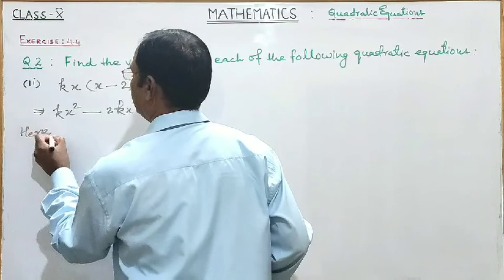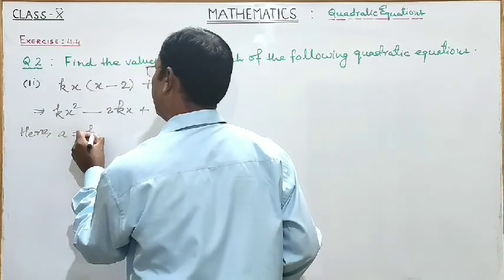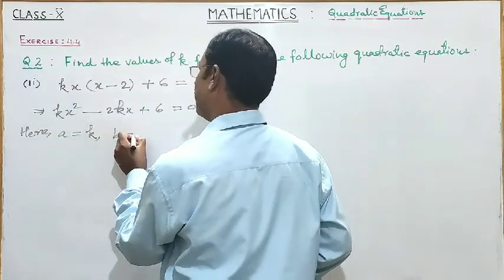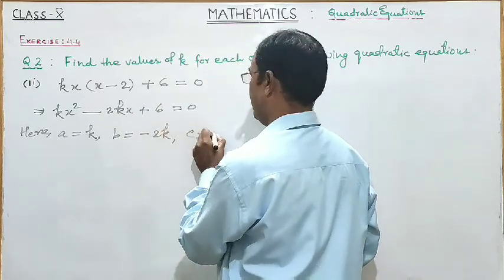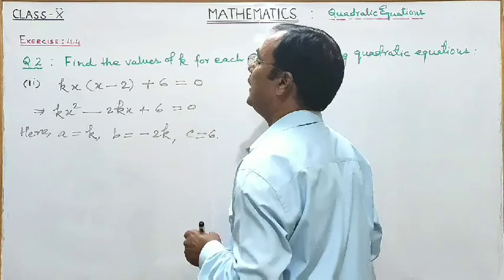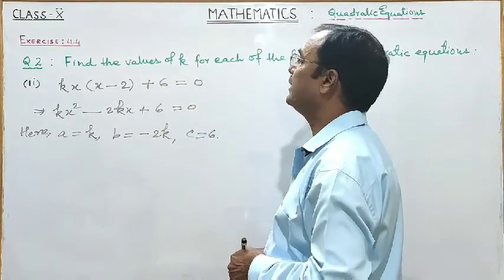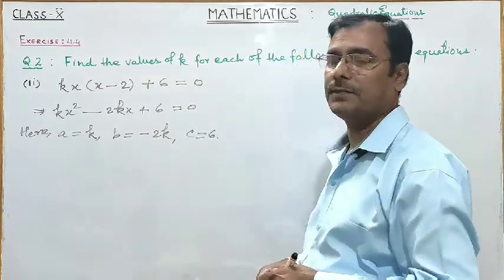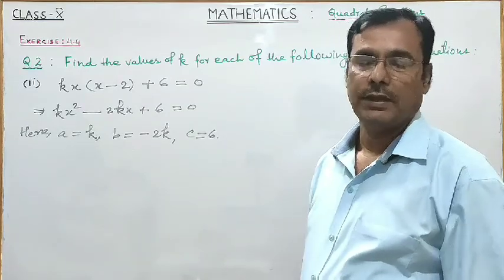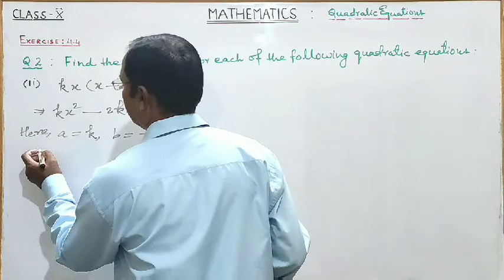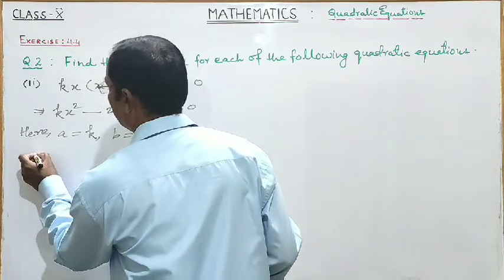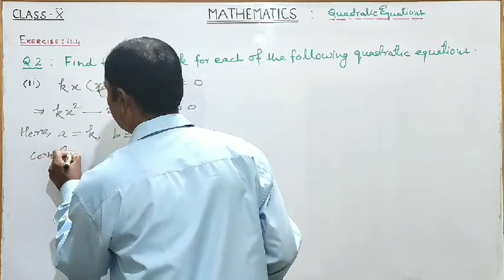Here a is equal to k, b is equal to minus 2k and c equal to 6. We have to find value of k under the condition that this given quadratic equation has equal roots. And we know the condition for an equation to have equal roots, that is b square minus 4ac is equal to 0.